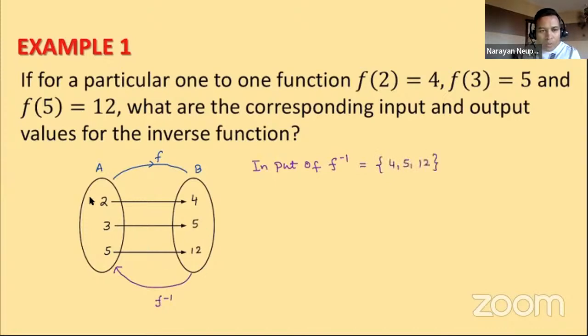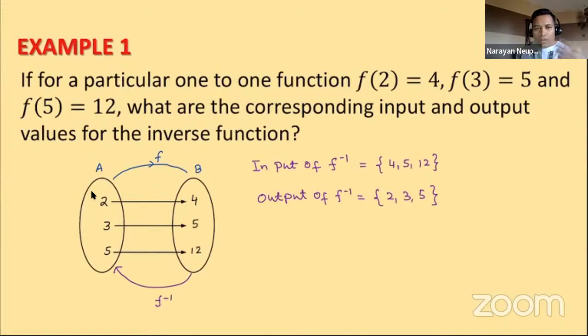And the output will be these values from set A. The output of f inverse will be 2, 3, and 5. So basically, in the inverse function, the input and output change. For the function f, these are input, but for the inverse, these are output.